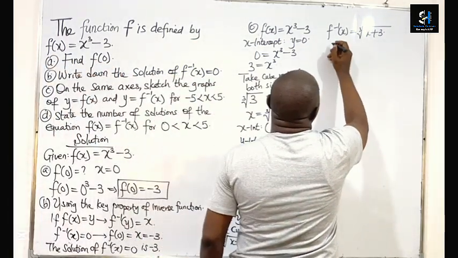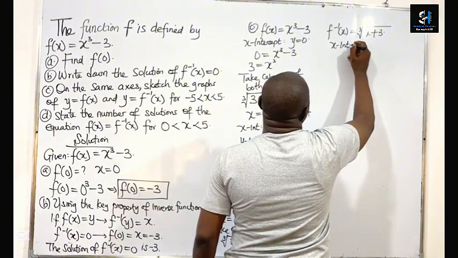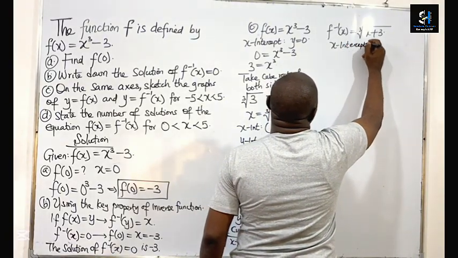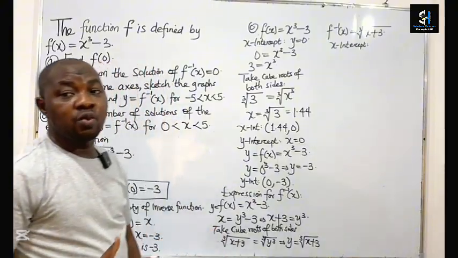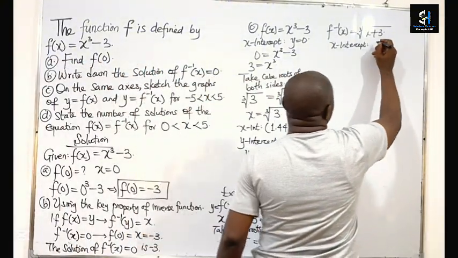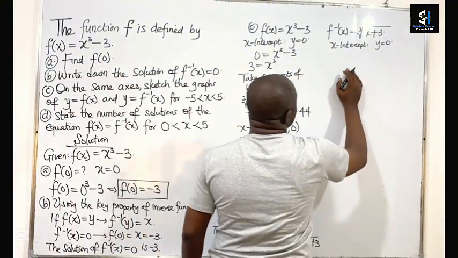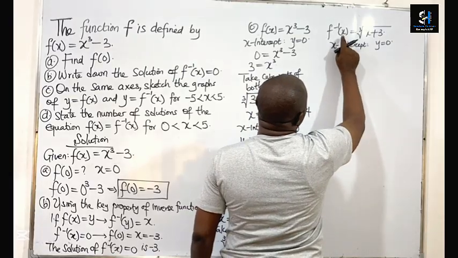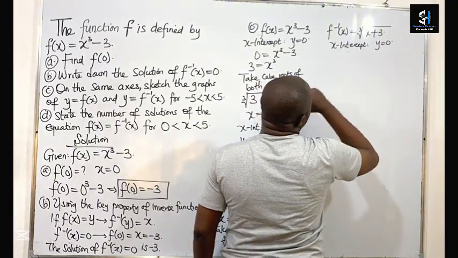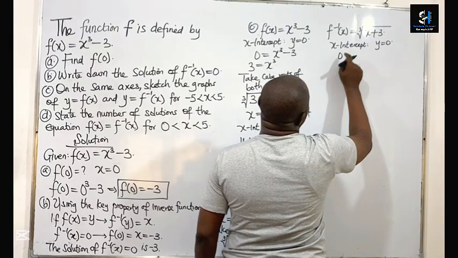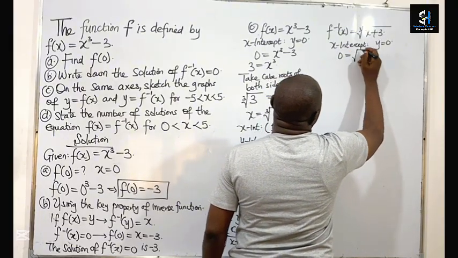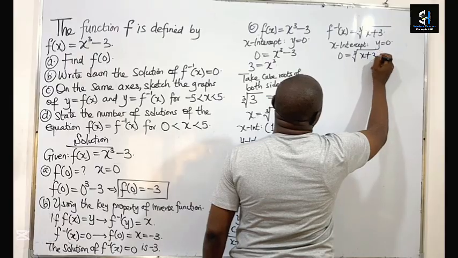Now the x-intercept, which is the value of x when y equals 0. When y equals 0, what is our x-intercept? We have 0 equals the cube root of x plus 3.